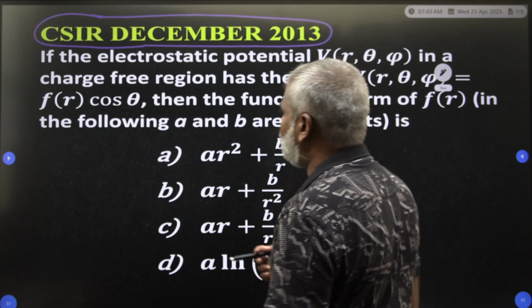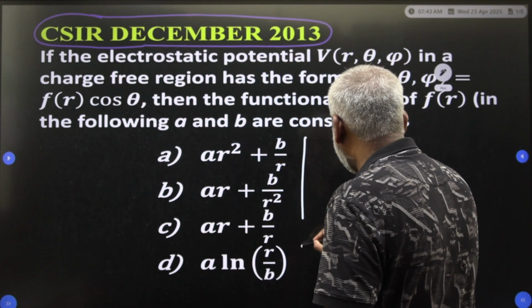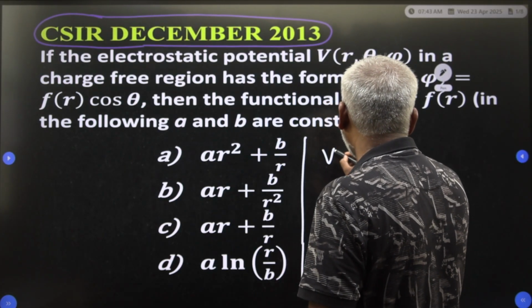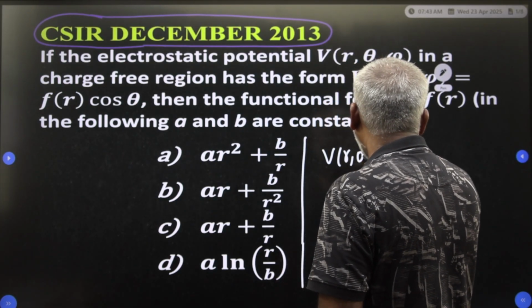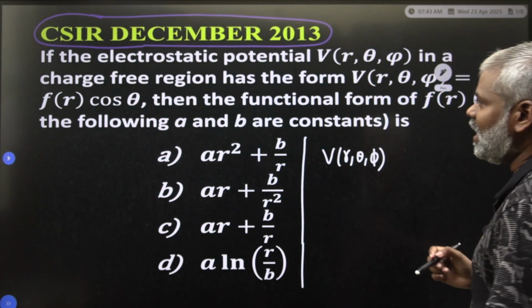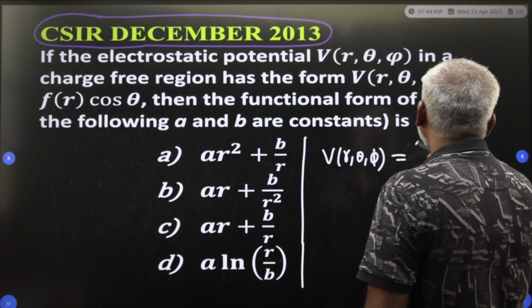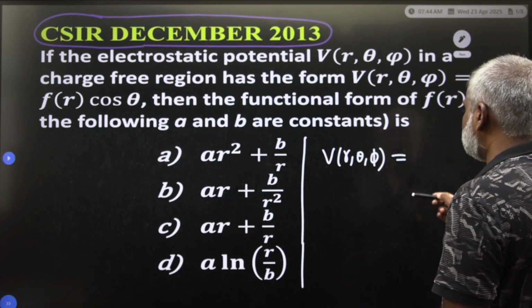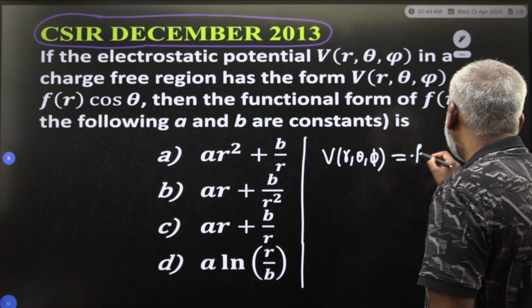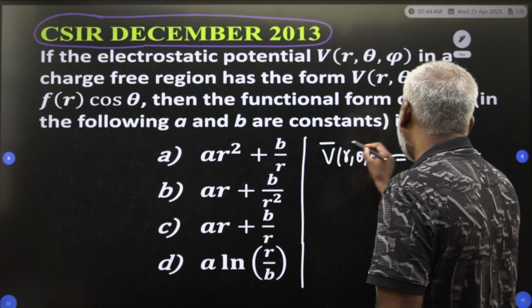Once you see the question, they are giving the potential V of r, theta, phi, the electrostatic potential in a charge free region, which has the form V of r, theta, phi is equal to f of r, cos theta.